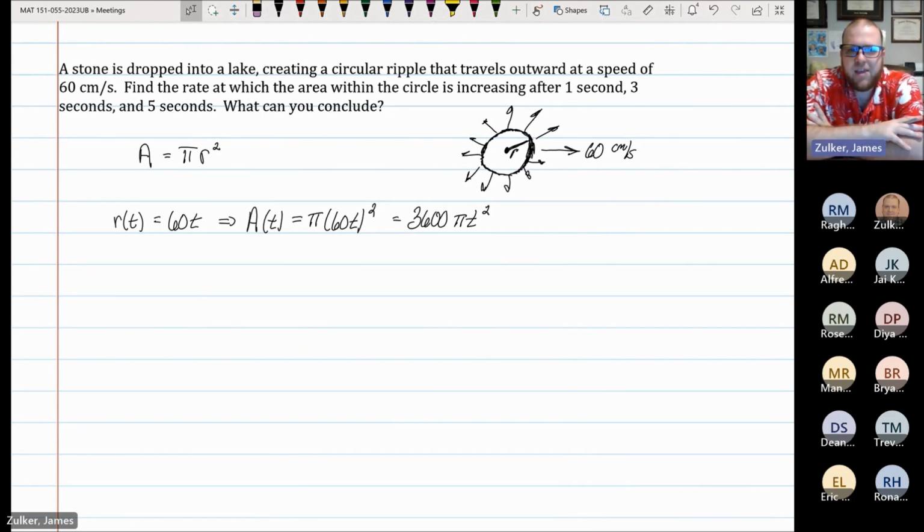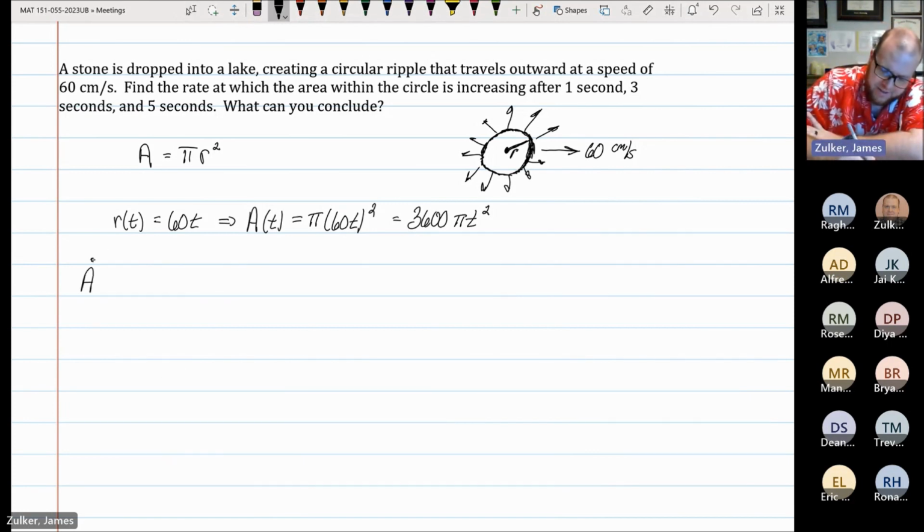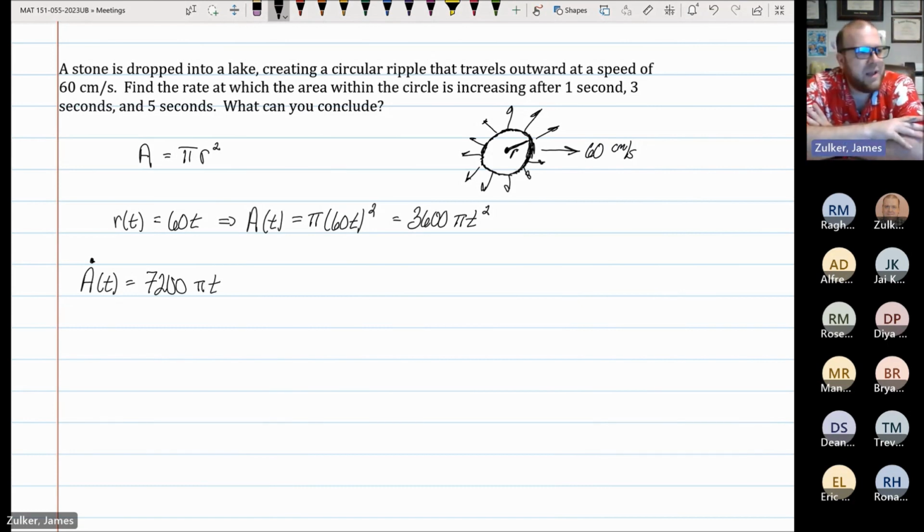Right? Rate at which the area is increasing. Rate means derivative. We're looking for A dot. 7200 pi t. We want 1, 3, and 5 seconds.